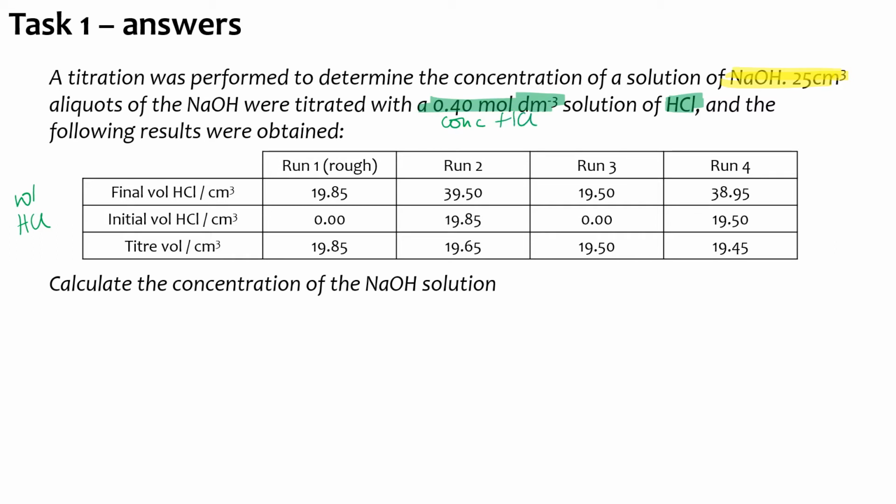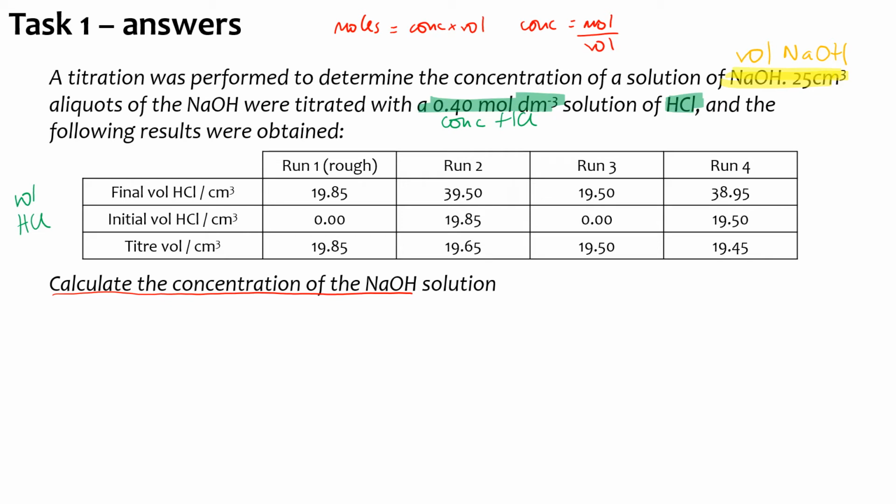We have been told a volume of NaOH that we are using, and it is asking us to calculate the concentration of the NaOH. So we need to be thinking about equations. So moles equals concentration times volume, or concentration equals moles over volume, however you want to remember that. But those are the equations we're going to be looking at because we've got volumes and concentrations.